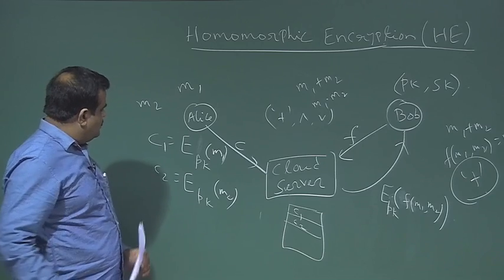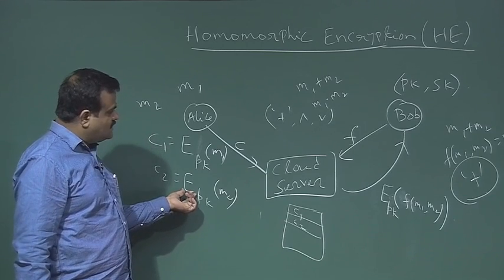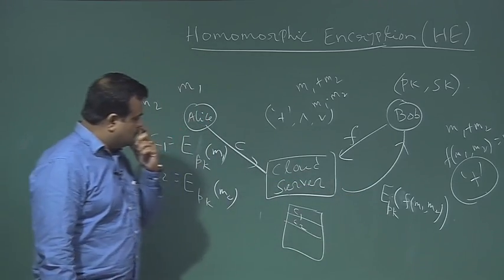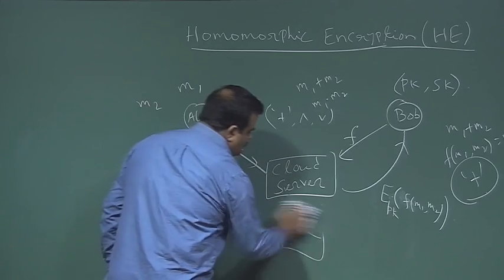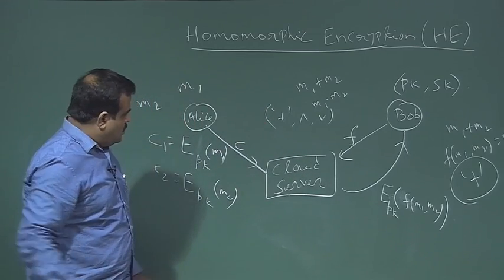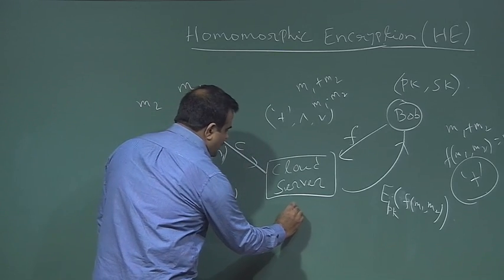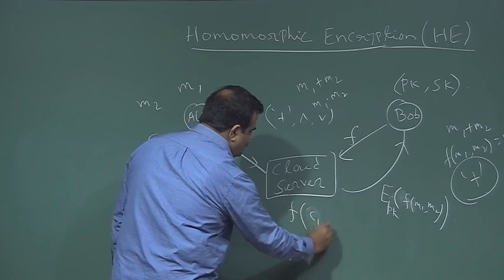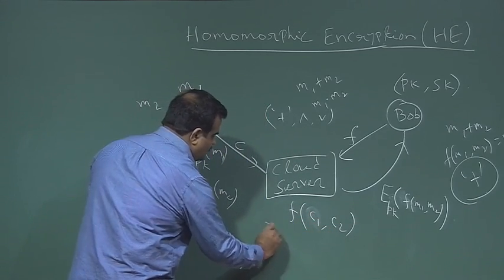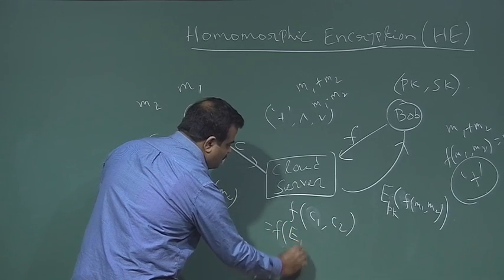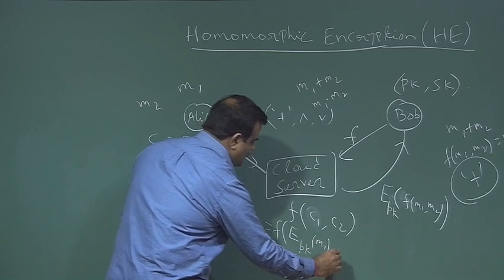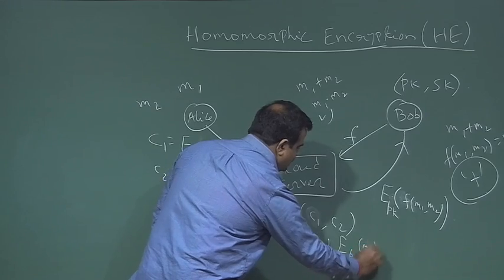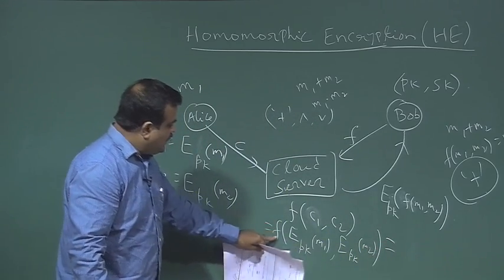So we want the encryption function to be such that this server should be able to apply f on the encrypted C1 C2. f of C1 C2 is basically f of the encrypted version of M1 under PK, and the encryption of M2 under PK, and the f should go inside.